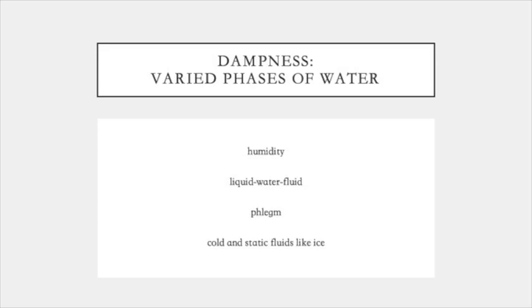This type of humidity may need a very different treatment strategy. We may need to be aromatic. We may need to create light movement. We may be using spicy herbs and warm herbs to enliven the qi, to move the mist, like when the sun comes out and warms the air.